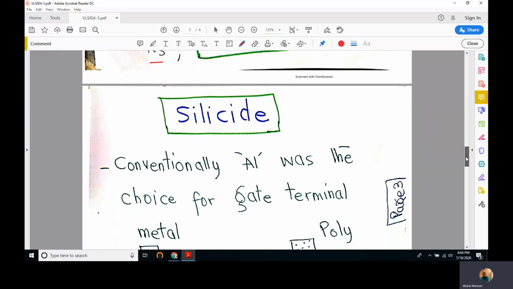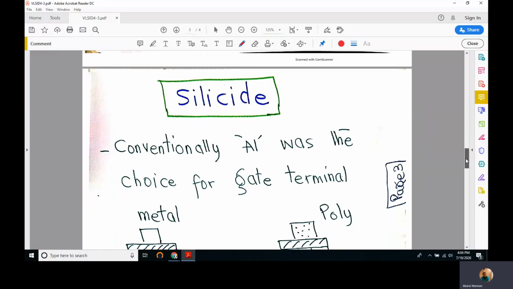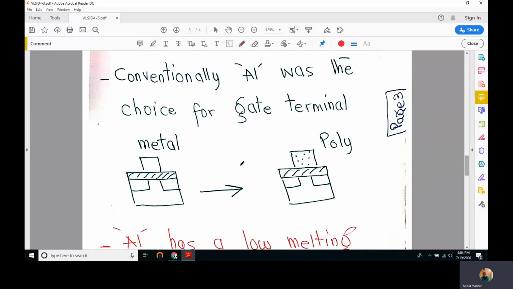The other application for metal is silicide. Conventionally, aluminum is used as a metal. We studied in our earlier lecture why a MOS is called MOS, because this is metal. This OS comes from silicon dioxide, the insulator layer in between, and S comes from semiconductor. But in modern VLSI design, it is replaced.